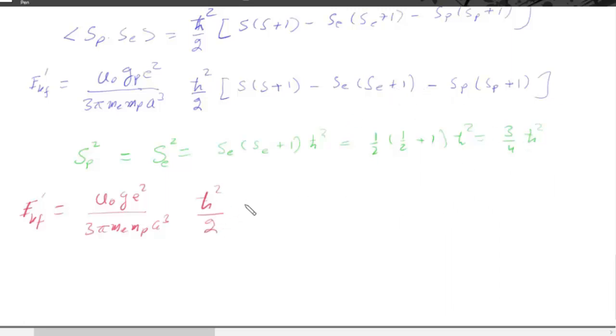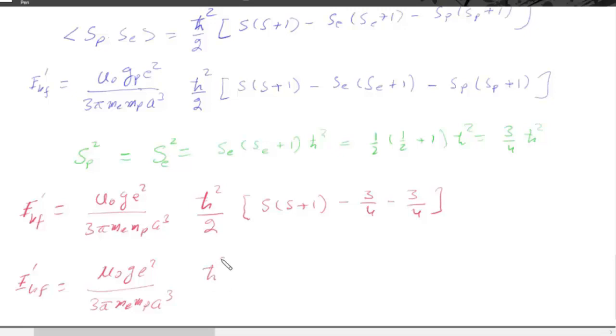Okay, then s(s+1) minus 3 divided by 4 and minus 3 divided by 4. Okay, now we can simplify again, and this is equal to μ₀ g_p e² divided by 3π m_p m_e a³.